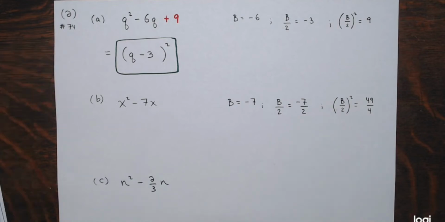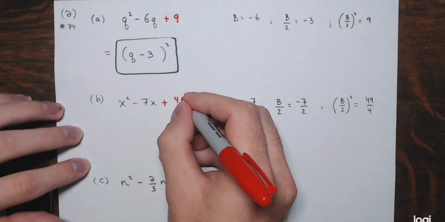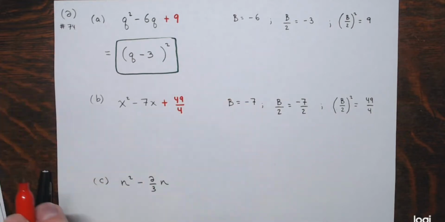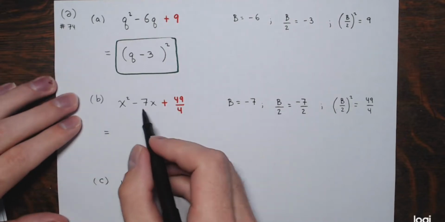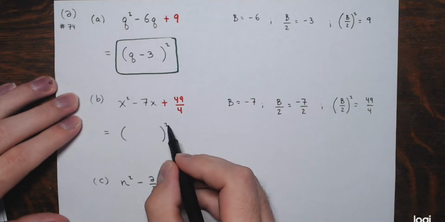So we add on 49/4 to change this binomial into a perfect square trinomial. And once I've added on the 49/4, now I have something that can be expressed as a binomial squared.